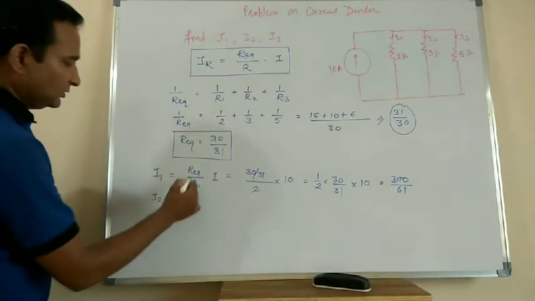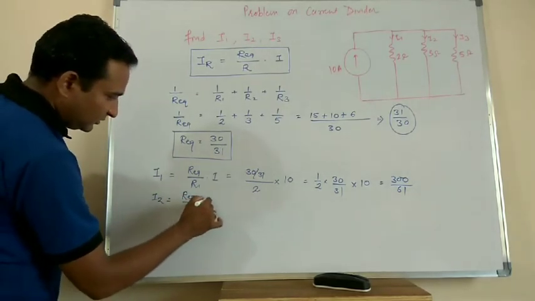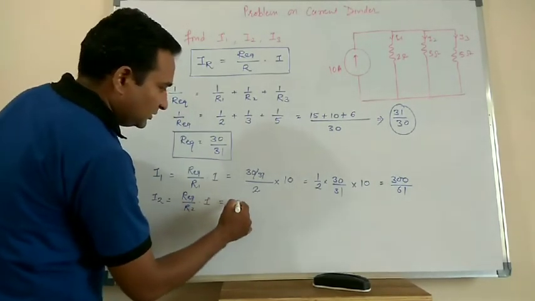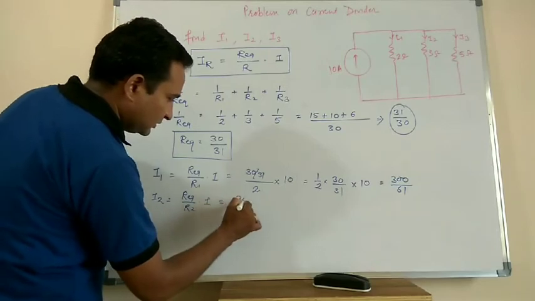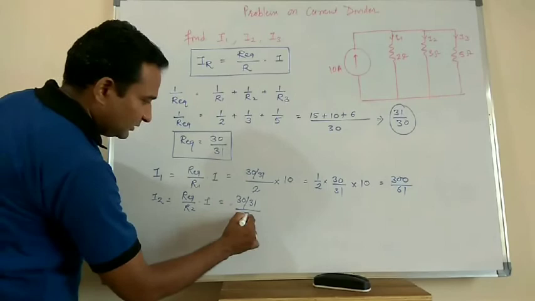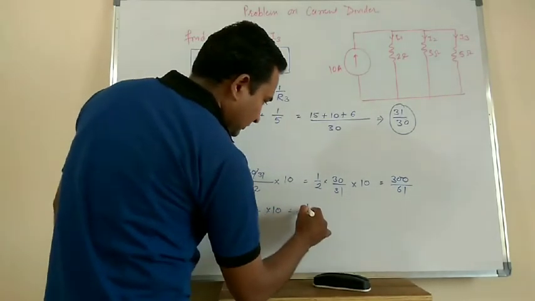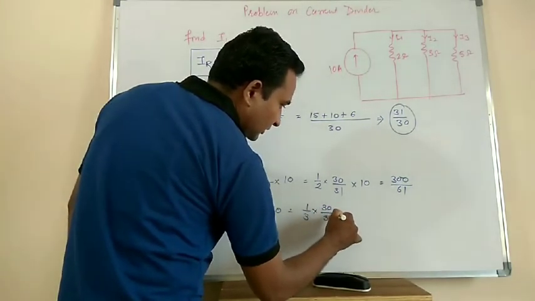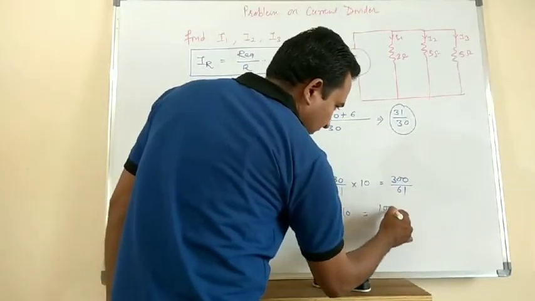I2 is R equivalent divided by R2 into I, which is 30 by 31 divided by 3 into 10, which is equal to 1 by 3 into 30 by 31 into 10. So it is 100 by 31.